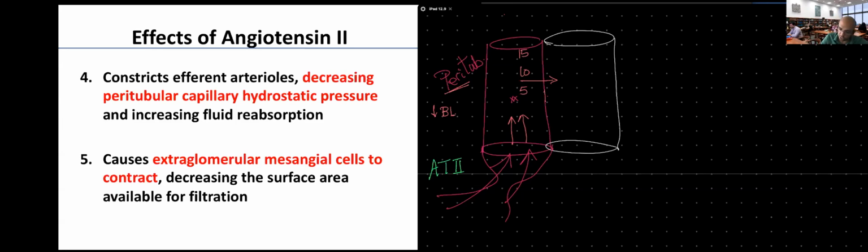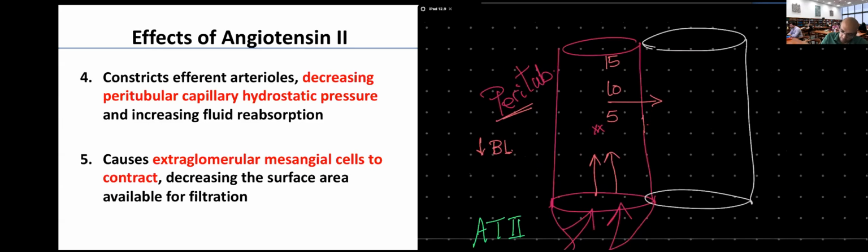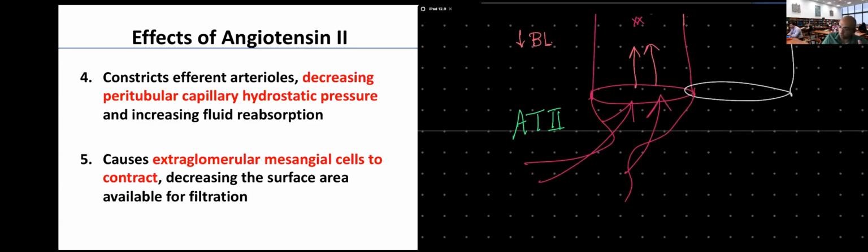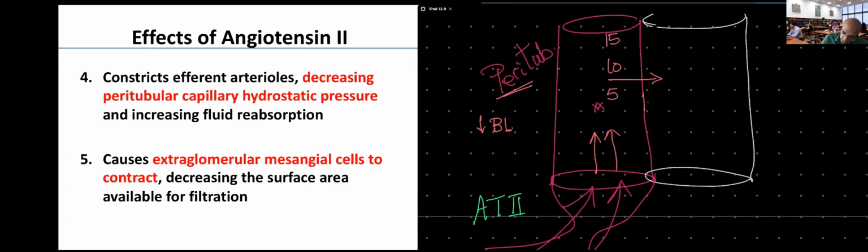So this is what we're saying here. I constricted the efferent arteriole. This is the effect of angiotensin II. And as a result, the pressure dropped in the peritubular capillaries. As the pressure drops in the peritubular capillaries, my question now is, does your ability to get water back increase or decrease?